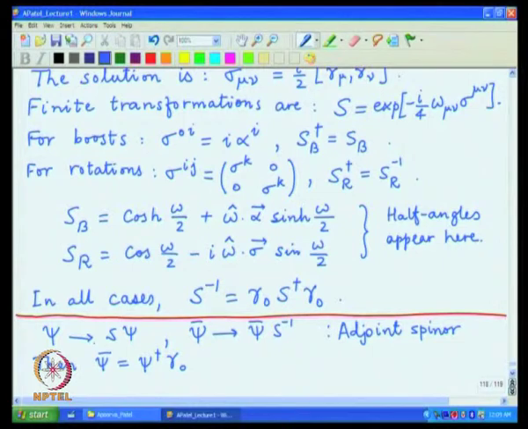When one takes the Hermitian conjugate equation of psi, one gets S dagger, but then the extra factor of gamma 0 converts the S dagger to S inverse.